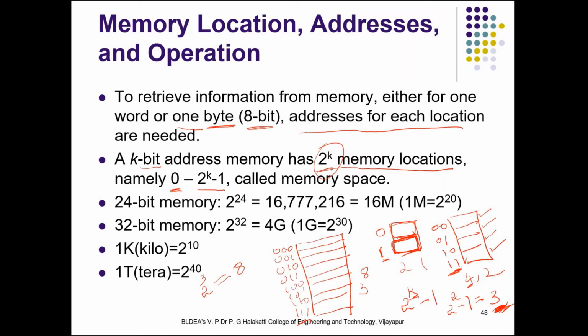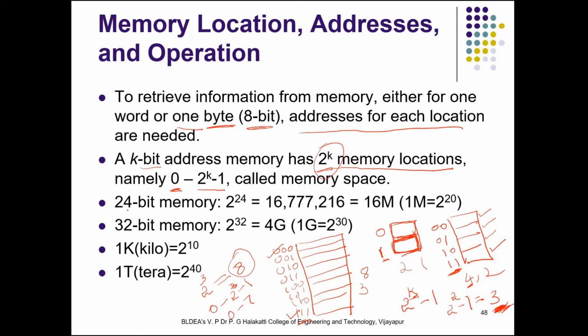So 8 different memory locations are there. But what would be the address? The address would start from 0 to 2 raised to 3 minus 1, that is 0 to 7. So you can see the memory addresses start from 0 up to 7. But the number of memory locations is 2 raised to k.